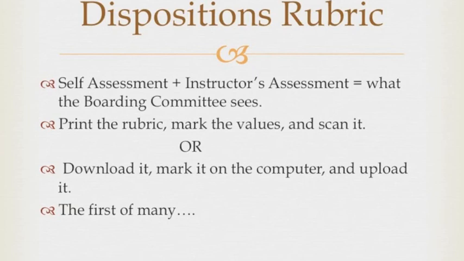It starts being utilized in 2300 and will be utilized by your professors throughout your educational foundation courses and into your residency. So this is the first of many times you will see this dispositions rubric. And this is the opportunity you have right now to make an initial impression upon your boarding committee about the dispositions that you have gained in 2300 that make you a successful teacher.